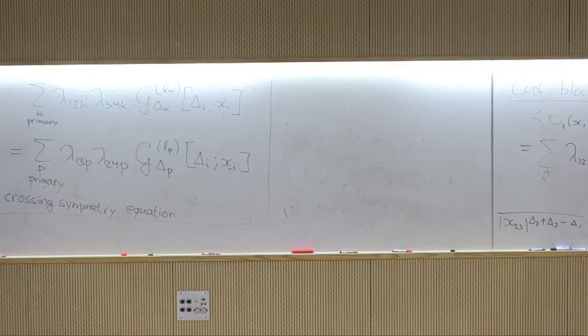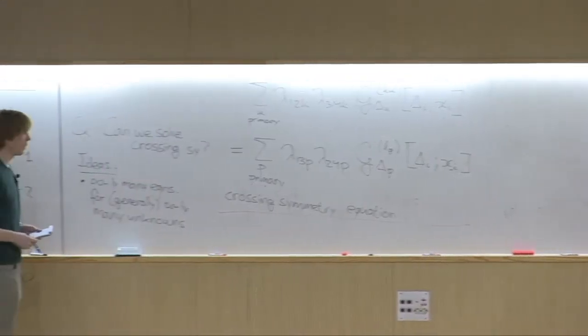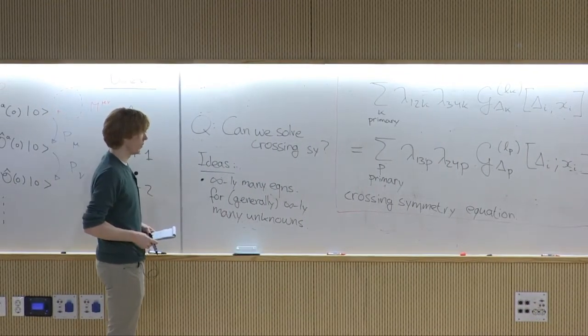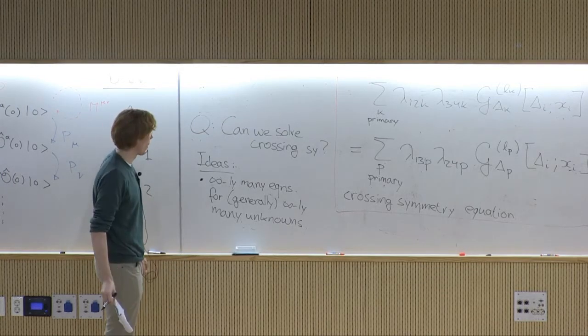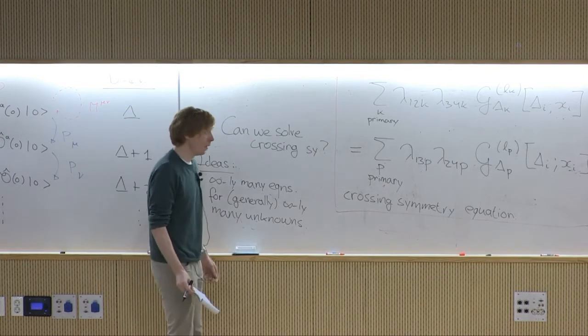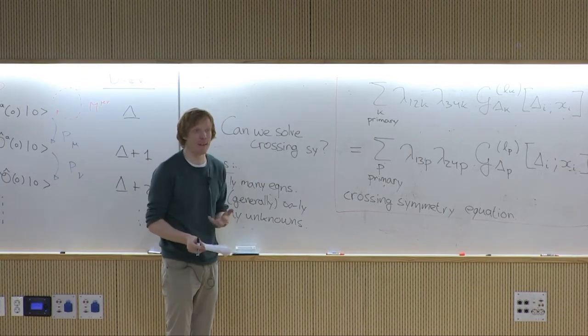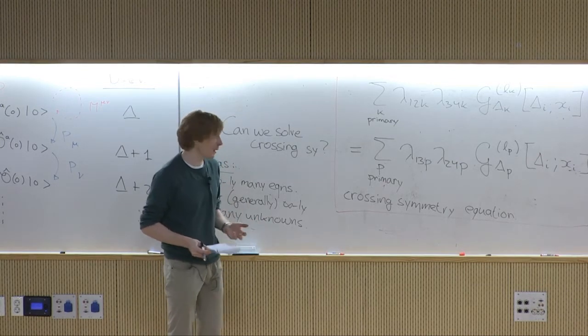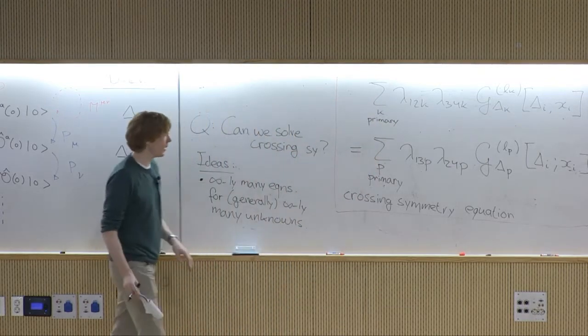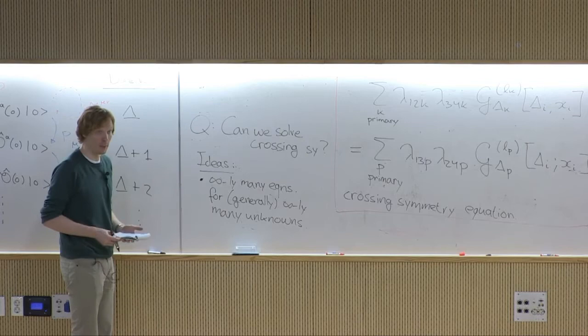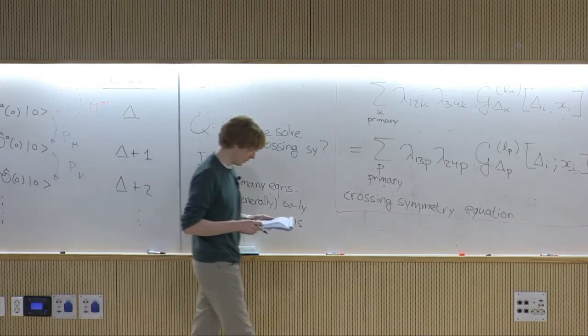You still have infinitely many equations, but then it's rather easy to solve for the unknowns. So that's easy once you know how to compute the blocks. In very special cases like free theories, you get finitely many blocks and therefore finite sums, and it's also easy. But in general, you have infinitely many equations for infinitely many unknowns.